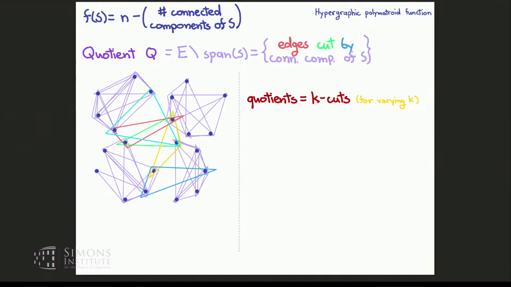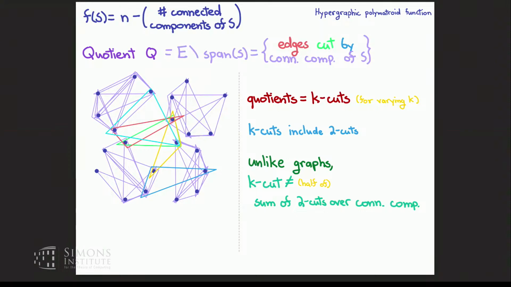But what's kind of odd is that k-cuts, of course, include 2-cuts where I just split the graph in half. Unlike graphs, where if you preserve all the 2-cuts, then the k-cut is going to be like the sum of all the 2-cuts divided by 2 because you're just double counting edges. So if you preserve 2-cuts, you preserve k-cuts. But that's not true for hypergraphs. An edge can appear in 3 or 4 or 5 components. So that's sort of something unusual about hypergraphs.